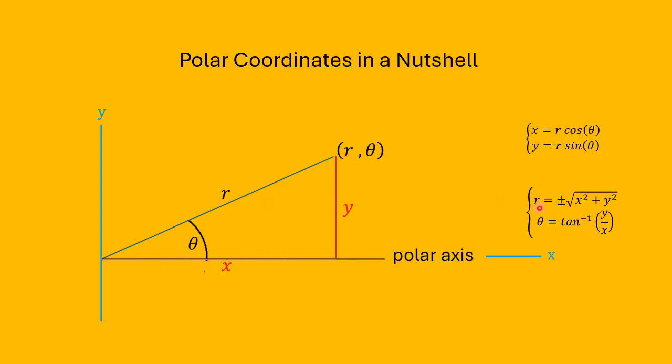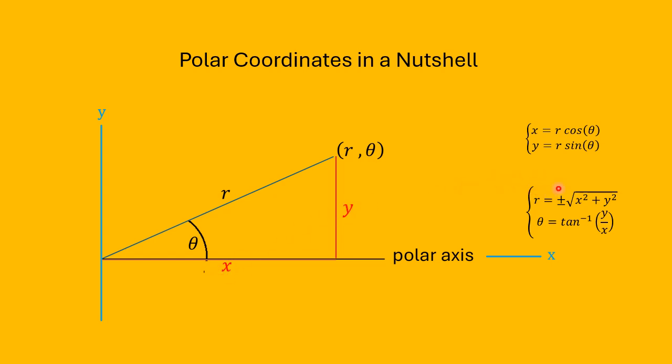And so we can write that r equals plus or minus the square root of x squared plus y squared. Also, by looking at this right triangle with angle theta here, the tangent of theta is going to be y over x. So theta has to be the inverse tangent of y over x.